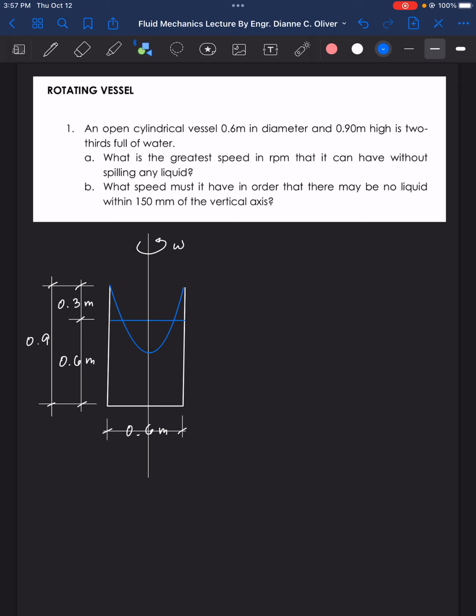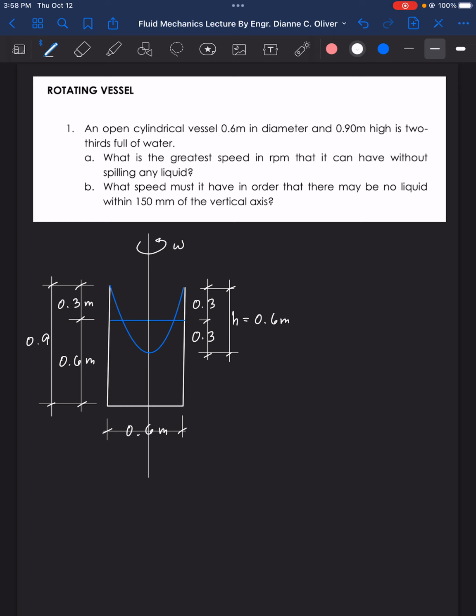And when it comes to liquid with no spilling, we have the height that becomes what is the height here, that is 0.3, is the same here at the depth. Therefore, the total depth of the paraboloid now is h is equal to 0.6 meter.